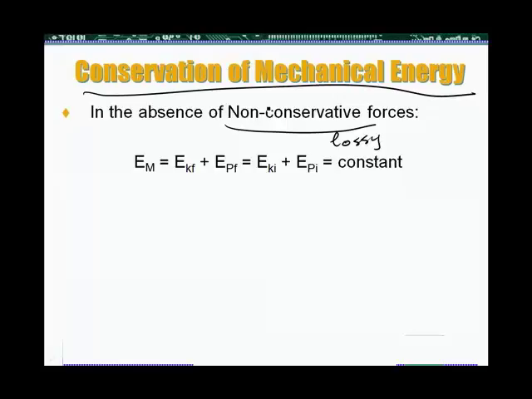Without those, the mechanical energy of our system is going to remain unchanged, meaning that the sum of the kinetic energies and potential energies at any final state is going to equal the sum of the kinetic energies and potential energies at any initial state or any state in between. That sum is going to remain constant. That's what we mean by conservation of mechanical energy. And that's what we are going to work with when we use conservation of energy.